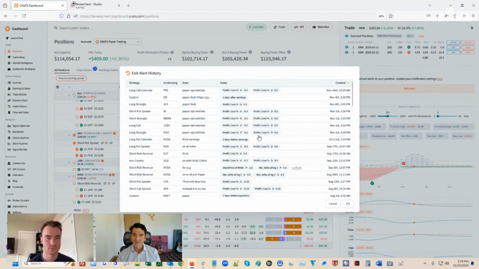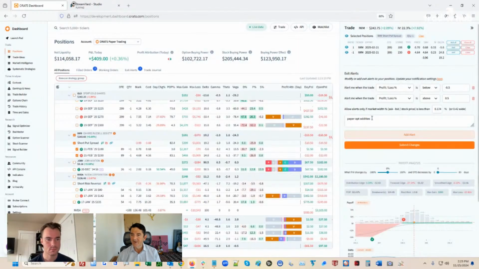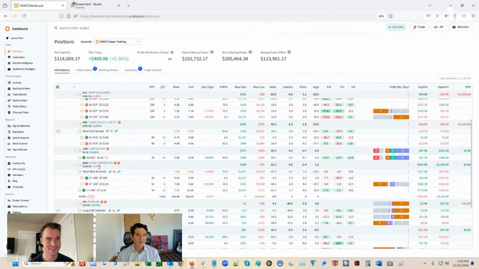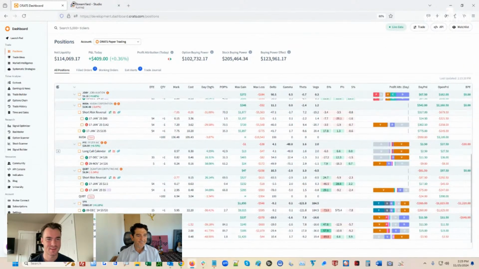So I'll just do plus or minus 50, which is what I usually put on. And then I'll put on T-Hub. Put your notes in there, and then this is neat because you get an alert to your text, and you go, oh yeah, I have that one. So I'll check that out.